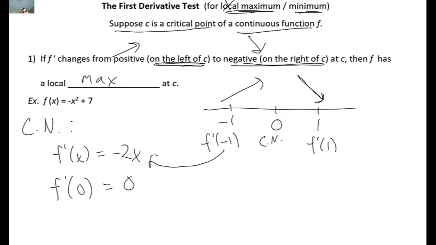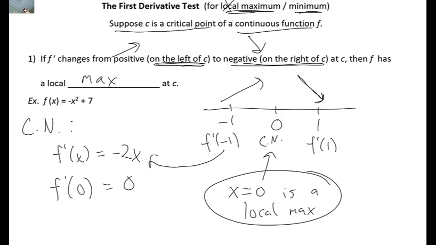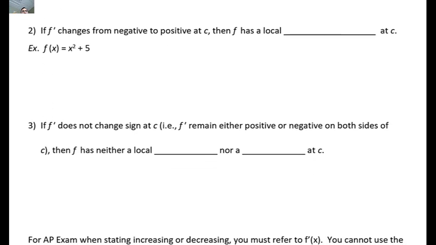So if the graph was increasing until I hit 0, and then it started decreasing, then this critical number, x equals 0, is a local max. So I may not know what the rest of the graph looks like, but from the first derivative test, I can tell you that that is a relative max or a local max, whichever you want to call it.